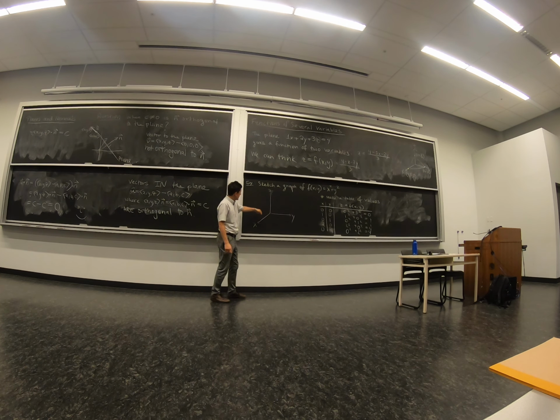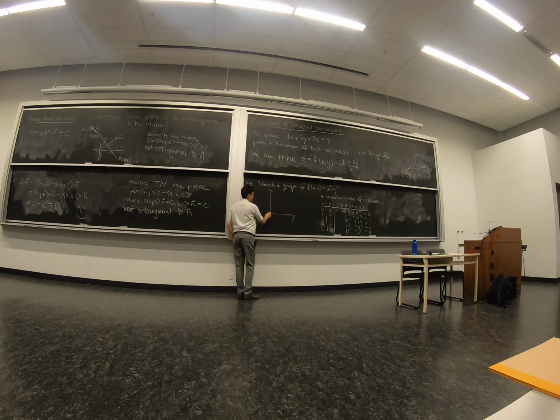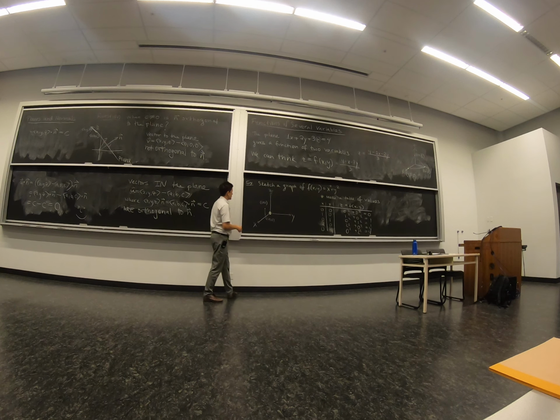We can imagine we've got the origin here. As we move along this direction, we go up 1 unit. Now as we move further in the X direction, we go 2 units in the X direction, 4 units in the Z direction.